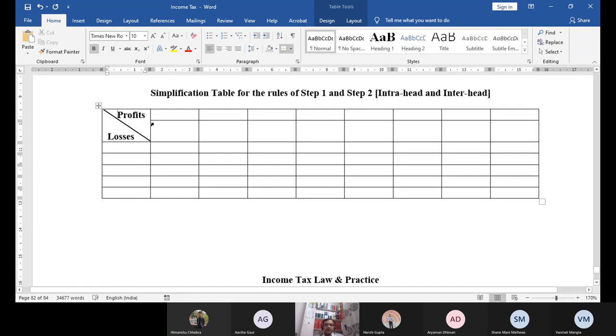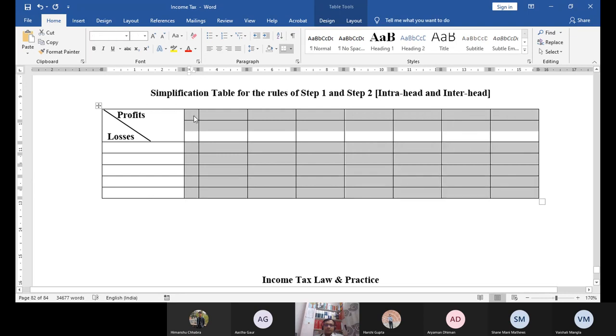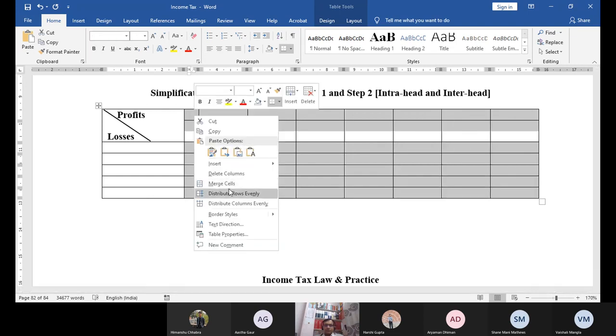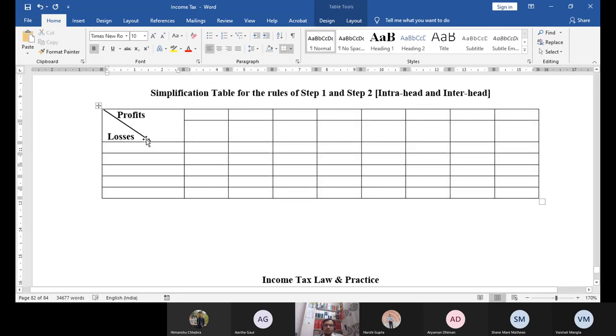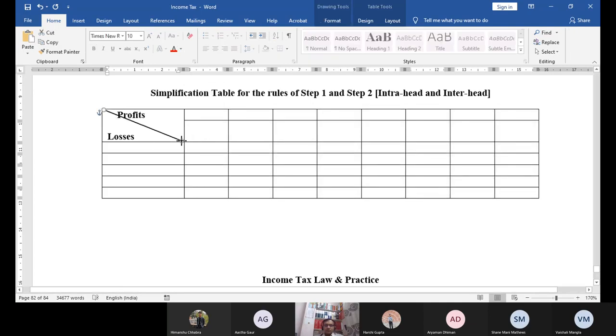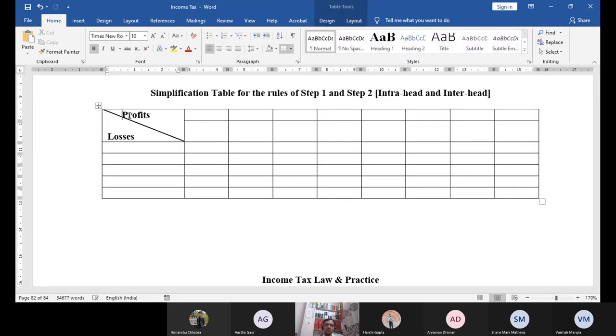The above is profit, and here these are losses. Salary cannot have negative, so in rows, I will write negative things. HP and PGBP.